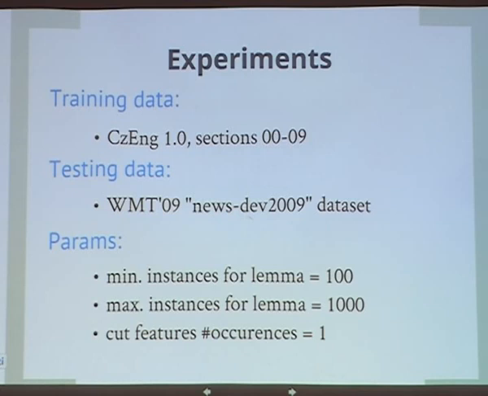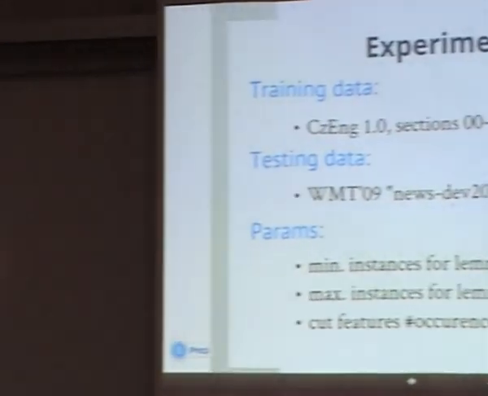Because in the case without any filtering, you train for every lemma you encounter, so it would be a very big model. So first I limit that the minimum instances for the lemma must be greater than or equal to 100. And also with subsamples, the maximum instances for a lemma are 1,000. It's the same for all experiments, so they are comparable.